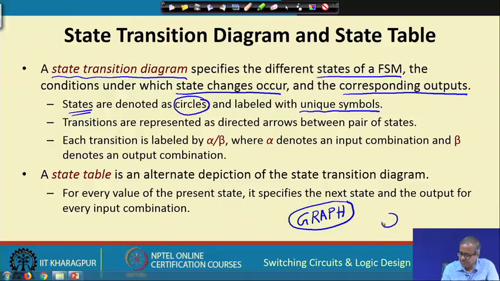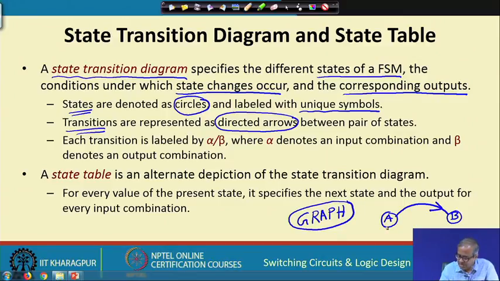For example, this is one state, this is one state, they are labeled with A and B. There can be a transition between A and B which is denoted by a directed edge, an edge with an arrow. These are called transitions. They are represented as directed arrows between a pair of states.